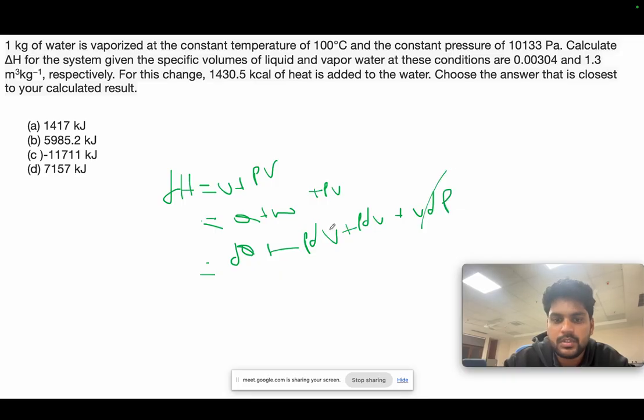Now this and this get cancelled because of the constant pressure. That's why we have dH equal to dq.